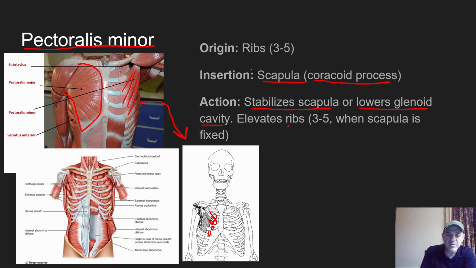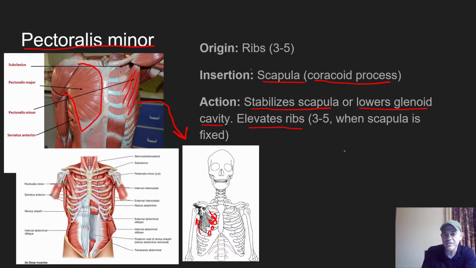So let's say we fix the scapula and this muscle contracts, then we're going to get movement in the opposite direction, and that would help elevate or lift those ribs because we're pulling upward on them. So that would be another action of that muscle.